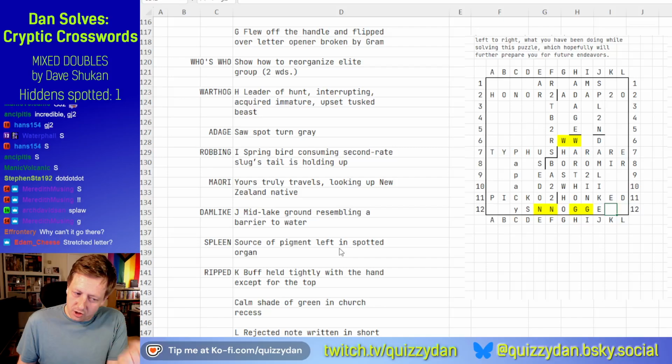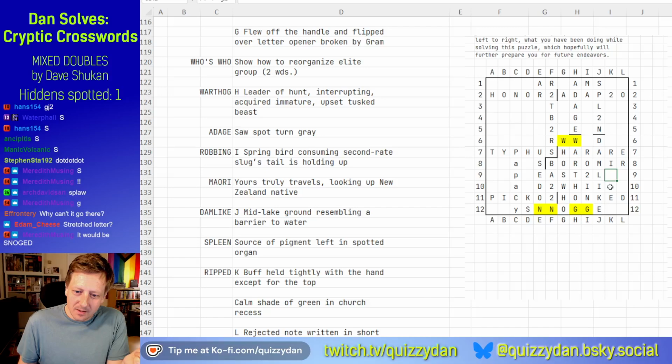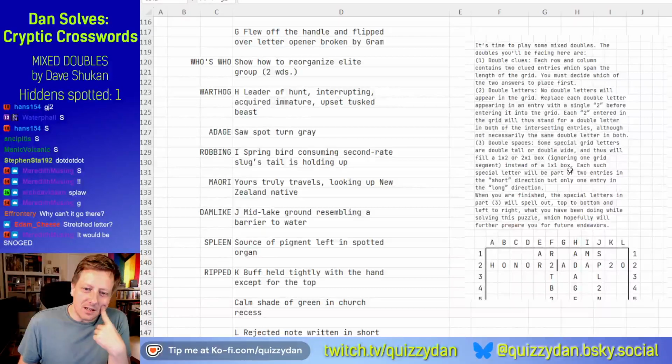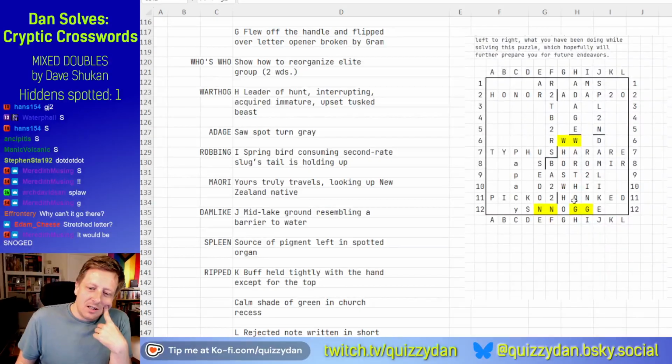But it's not a stretched letter, because that would be riped. Oh, and it would be snogged. Okay. What does it say? Double letters. No double letters will appear in the grid. So I still need to highlight that because that's a thing, isn't it?